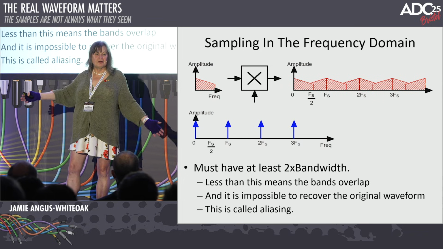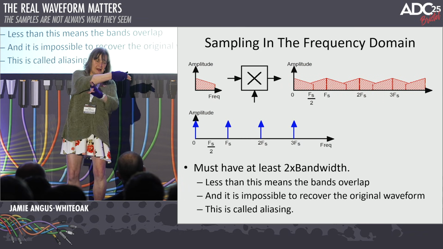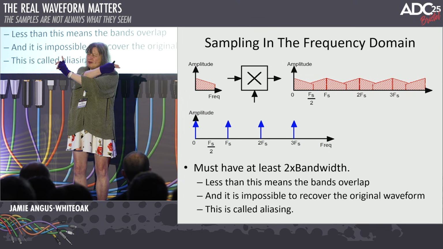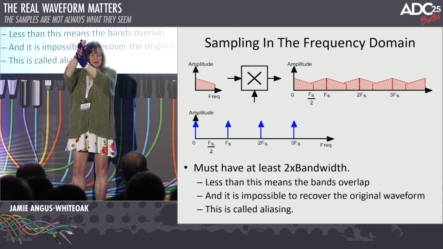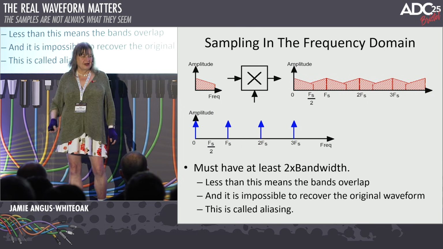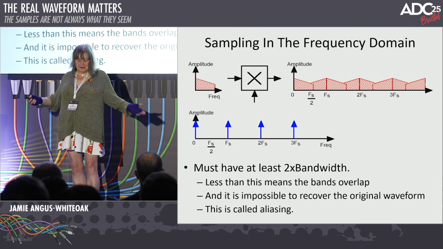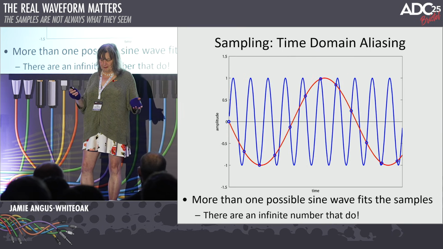And that's what you heard there, the alias of the sweep coming down as the other one continued up. So they basically crossed over, and you may have heard a funny little bit of nasty distortion halfway through where the two were really close together and were beating a bit. Okay, so the bands overlap. We can't recover the original signal in that sort of space.